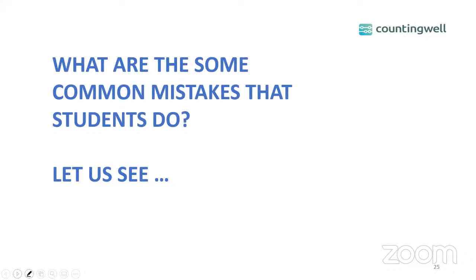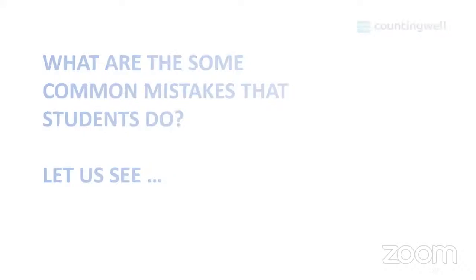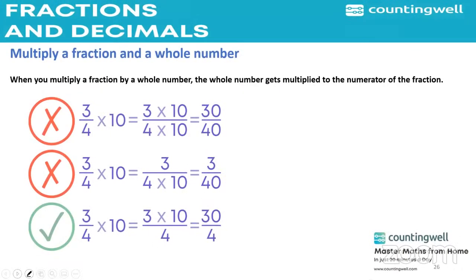Now let us see some common mistakes that students make. Whenever you're multiplying a fraction by a whole number, the whole number gets multiplied to the numerator of the fraction, not to the denominator.